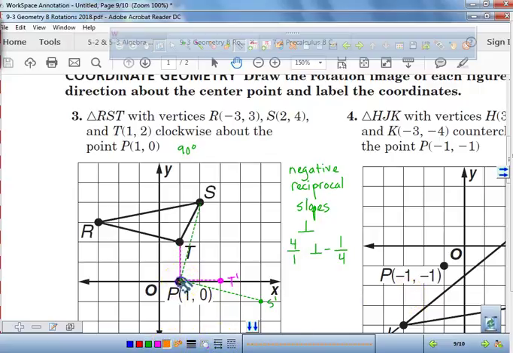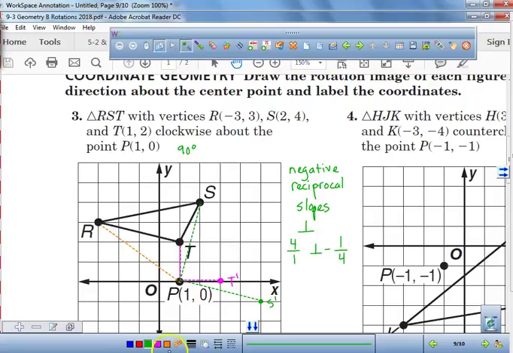Here's the last one. I'm doing it orange. Let's check it out. It goes down 3 and over 4, right? So that's a negative 3 over a 4. See how this goes? Down 3 units and over 4 units. So what would be the perpendicular slope? It'd be 3 over 4 flipped.